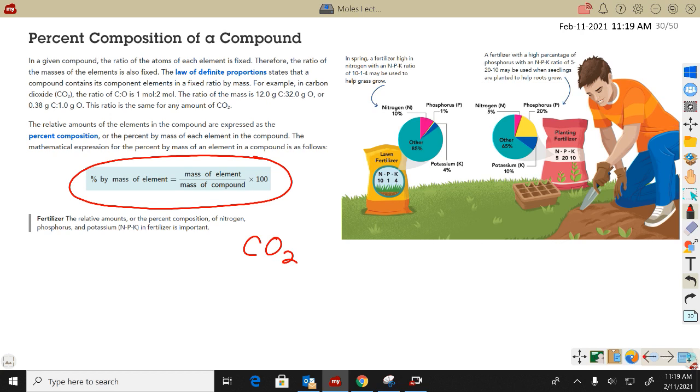So on a small scale, I could read this as one carbon atom and two oxygen atoms. There's no other substance that has all the same properties of carbon dioxide as when carbon and oxygen bond in a 1:2 ratio. One atom of carbon for every two atoms of oxygen.